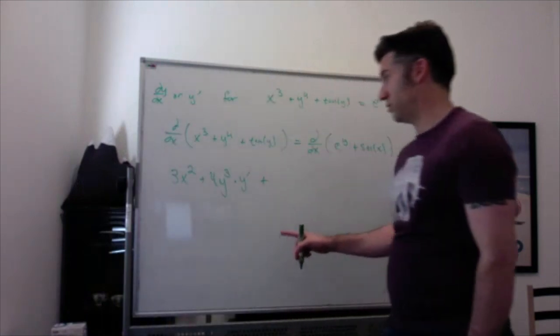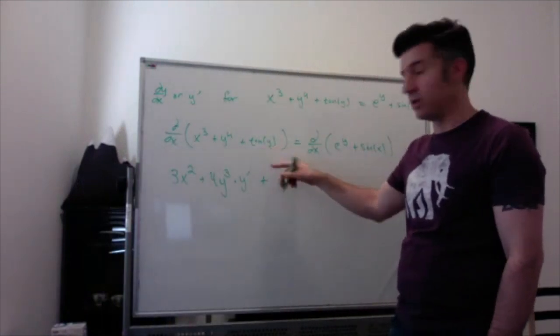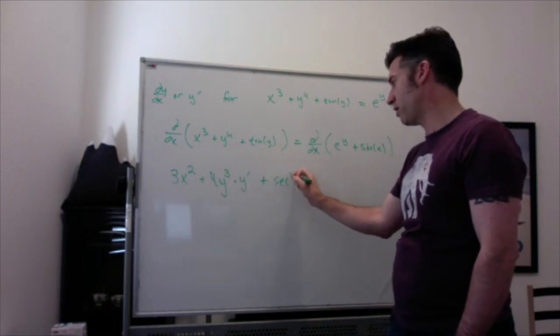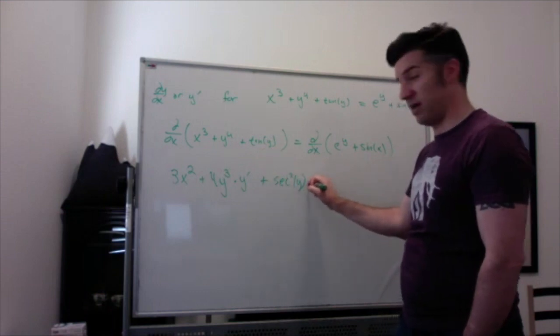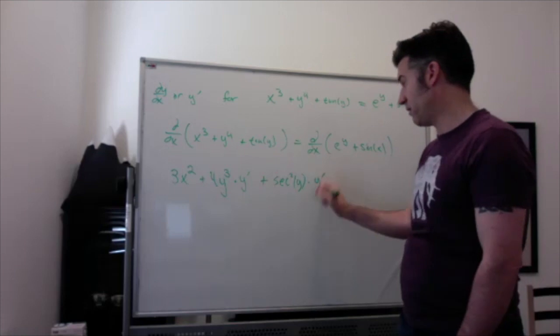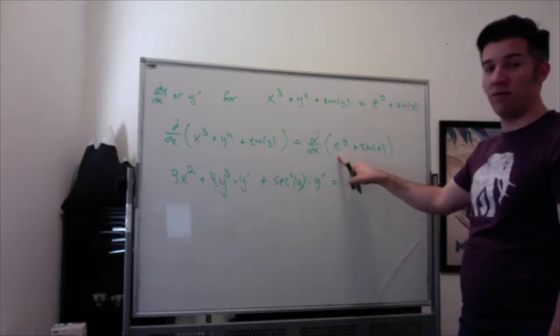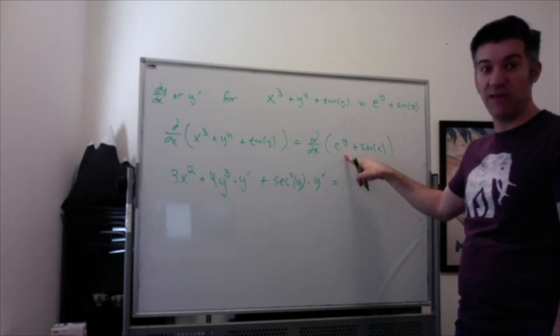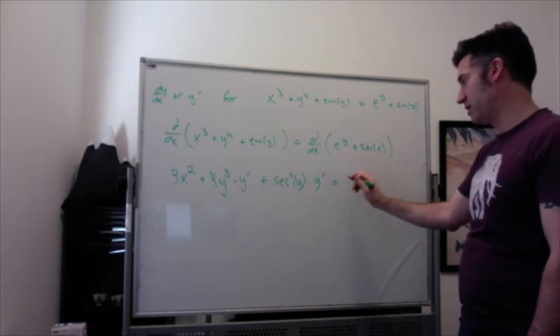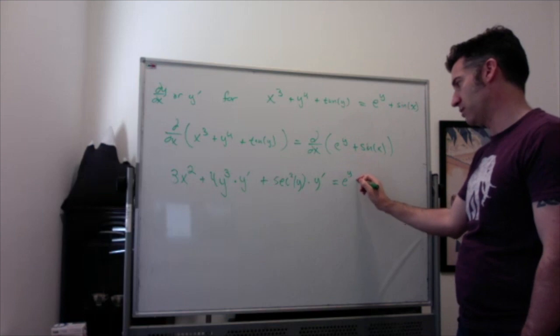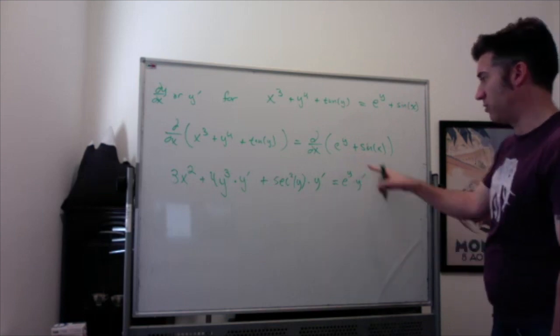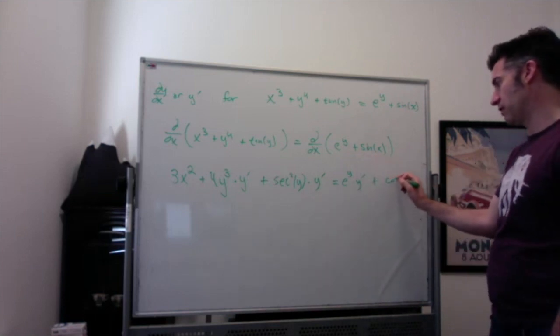Plus, the derivative of tangent of some stuff is going to be secant squared of the stuff times the derivative of the stuff, equal to the derivative of e to the stuff, which is e to the stuff times the derivative of the stuff. So the e to the y is e to the y times y prime. And the derivative of sine of x is going to be cosine of x.